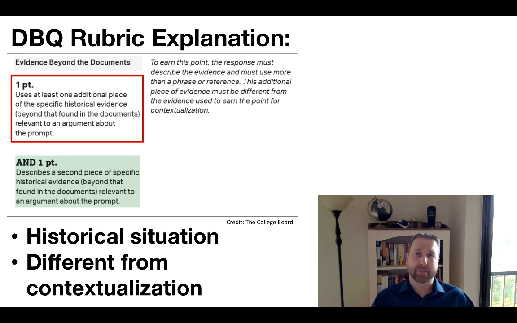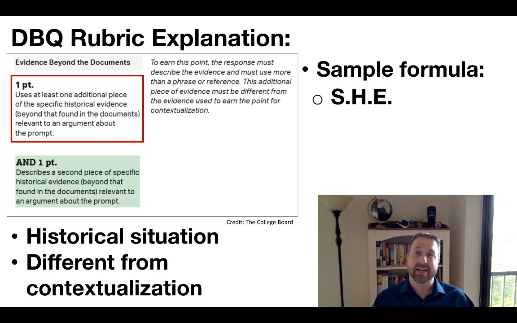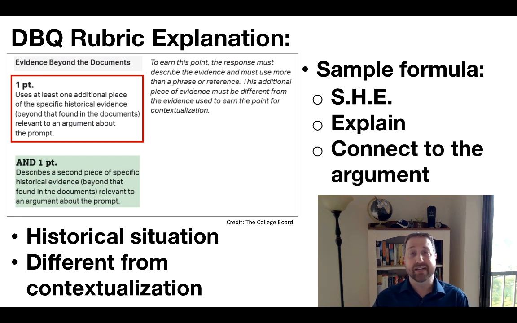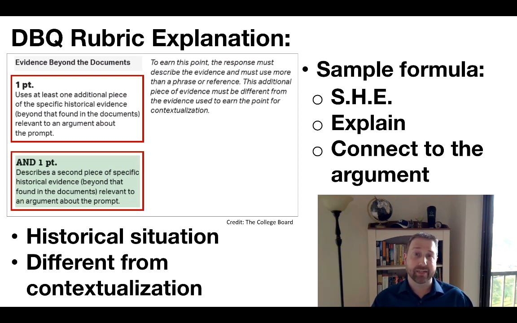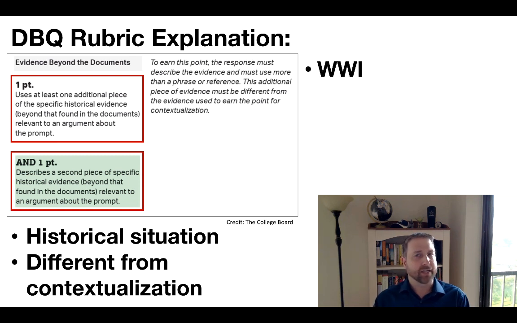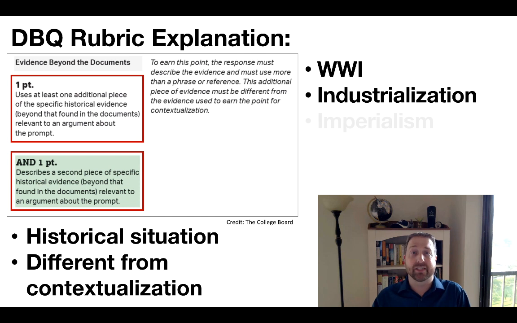So a good conceptual formula to follow for the situation is to include the specific historical example, and then you explain what it is. Remember, your audience is the educated bum. And then you connect the example to your argument. And you can do this a second time for an additional point. So remember what we used for the contextualization? Now, this might not always work, but some contextual examples can extend into the time of your essay.